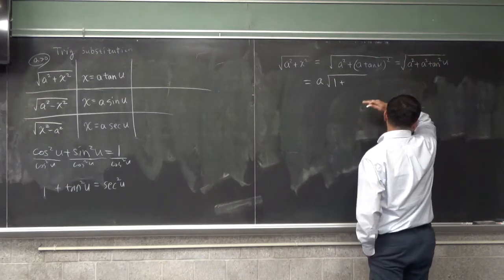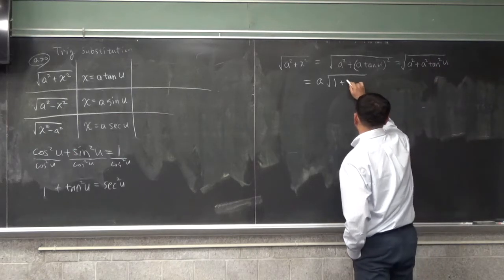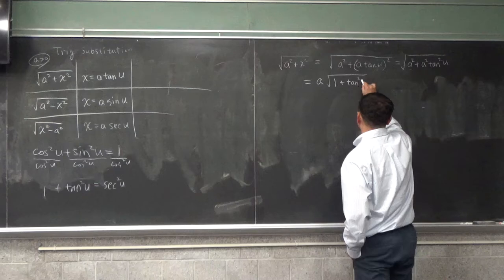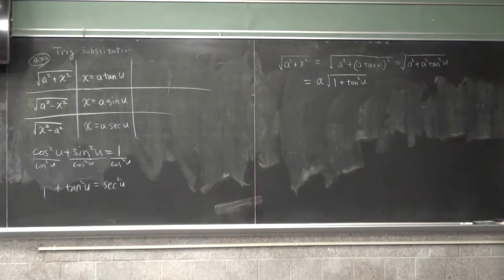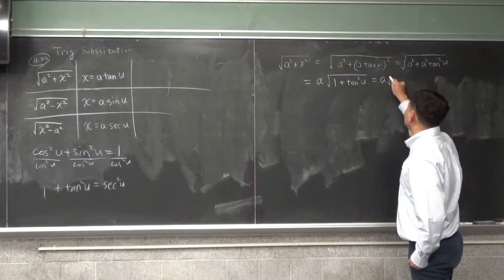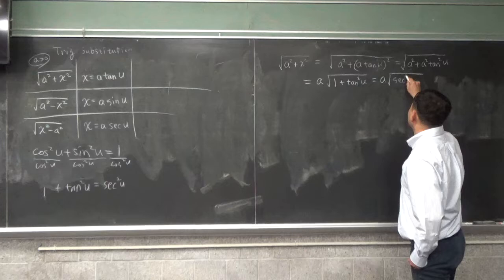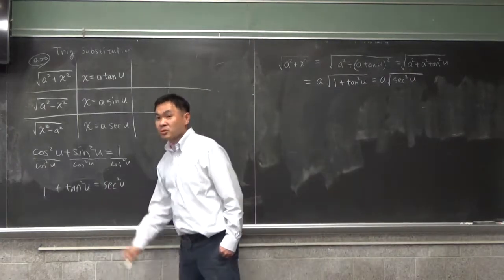A squared, when that gets moved outside the square root, you end up with tangent squared of u. Okay. Now what is 1 plus tangent squared of u? That's what I said, that you use this.